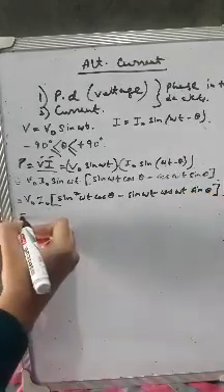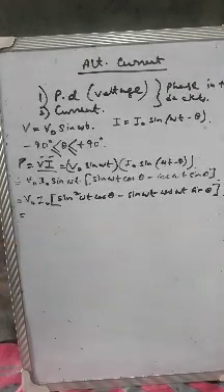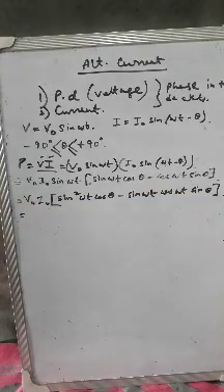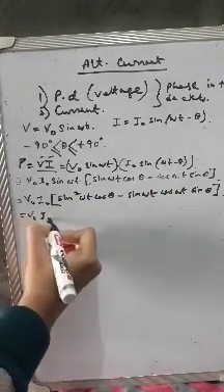Yes, so the second step is also done. Now for this particular term we can write in some other mathematical way. So let's see in which way we can rewrite it.